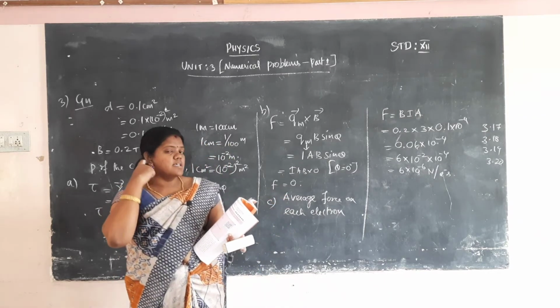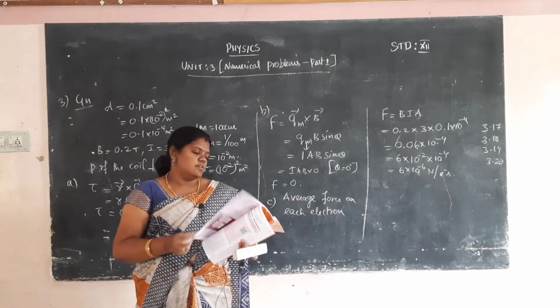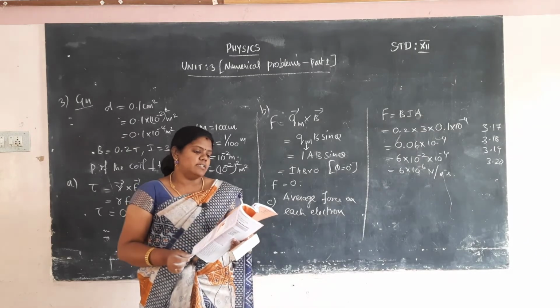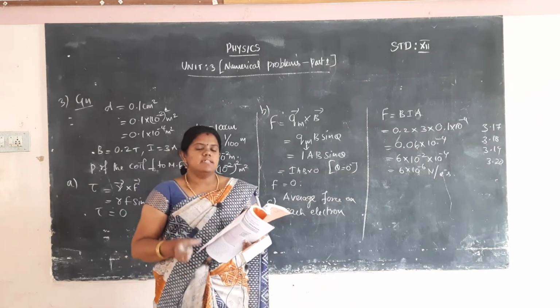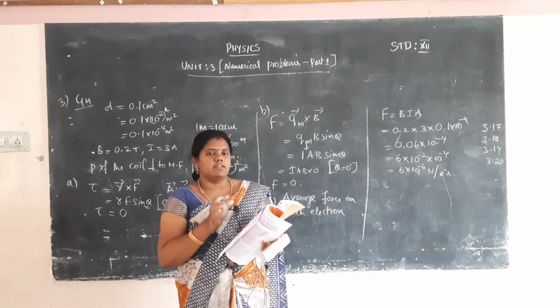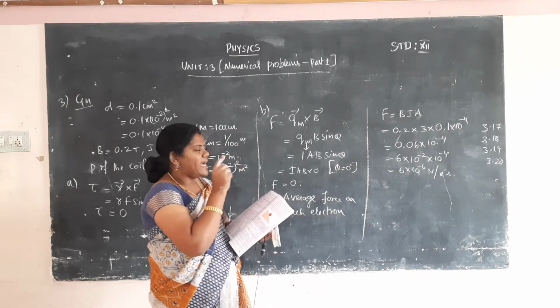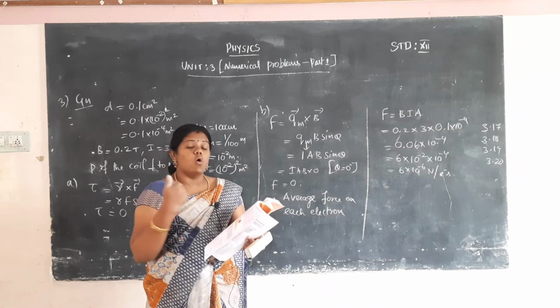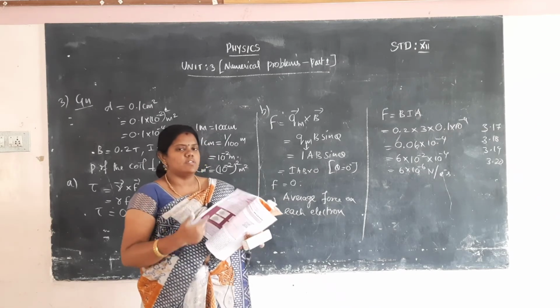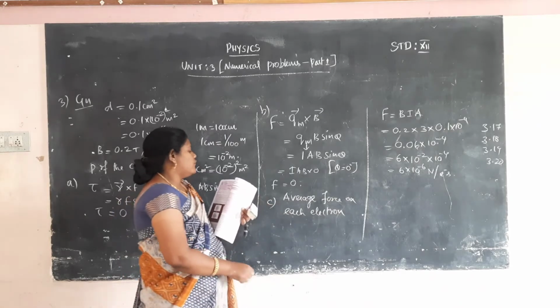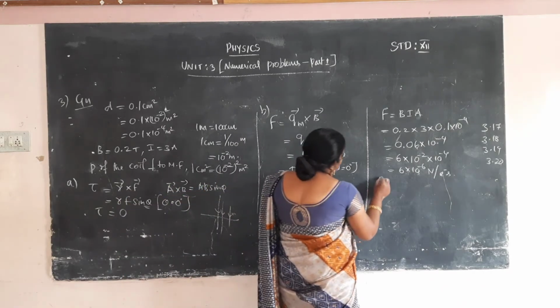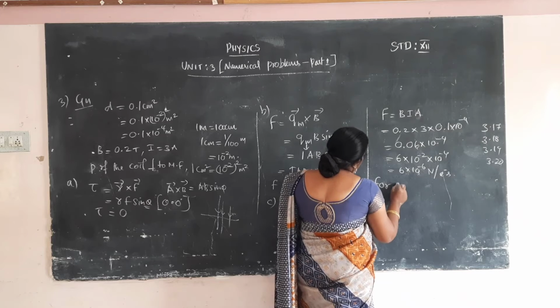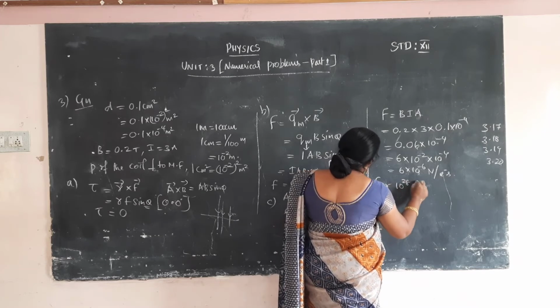Now the question is, there are 10 power 28 electrons, so the electron density is 10 power 28. The force we calculated acts on one electron. How to calculate the force for all 10 power 28 electrons?